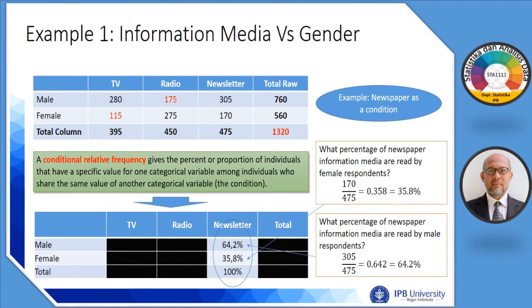The total is 475. So from 475 respondents, how many read by female respondents? This is 170. So the answer to the question, the percentage of newspaper information media read by female respondents, is 170 divided by 475. This is 35.8%. Okay, clear?